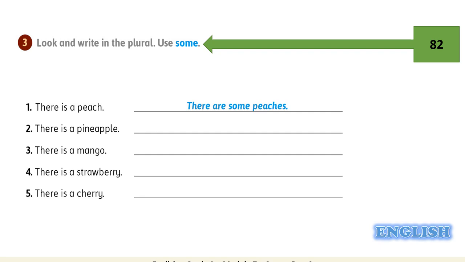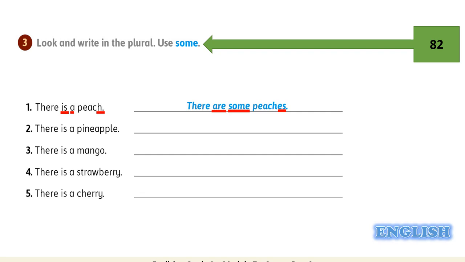To change the form from singular to plural, we had to change is to are, we had to change a to some, and we had to change the ending of the singular noun peach to peaches. We added es. Remember your spelling rules.